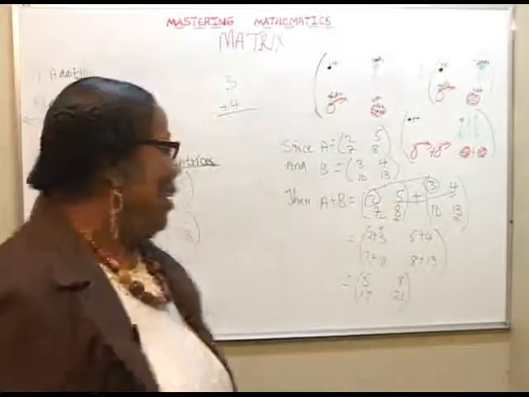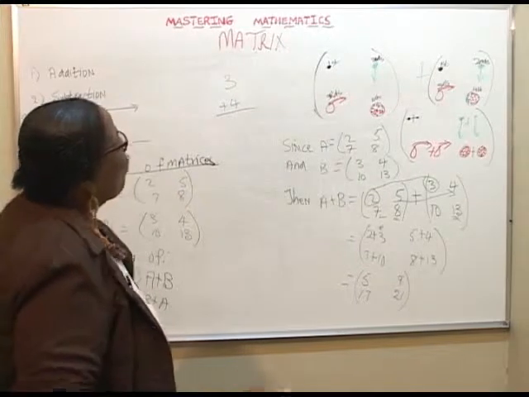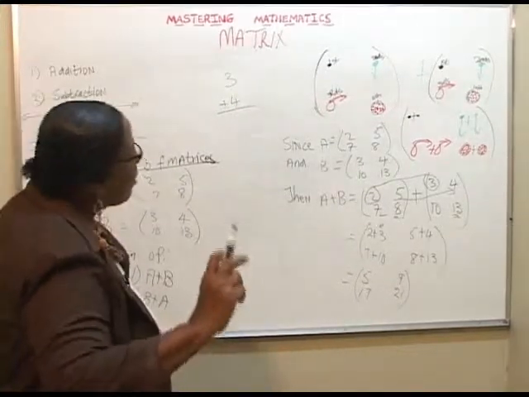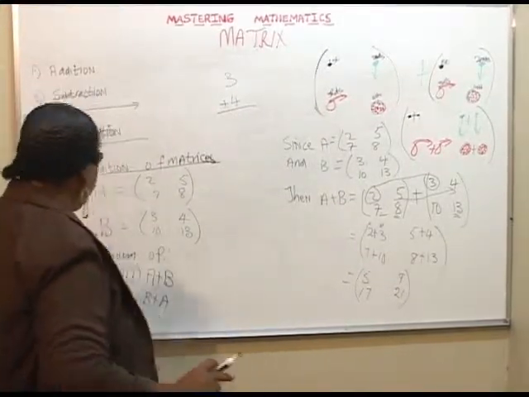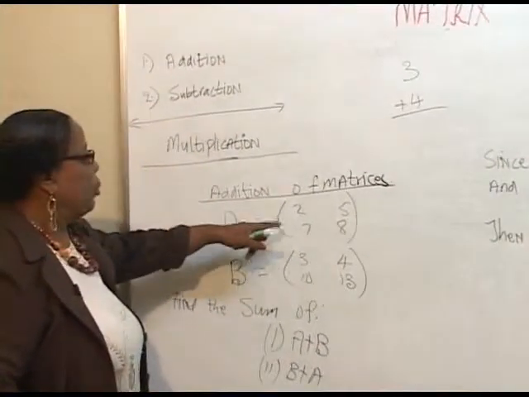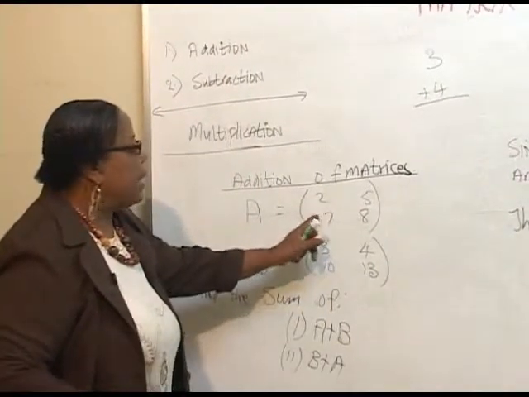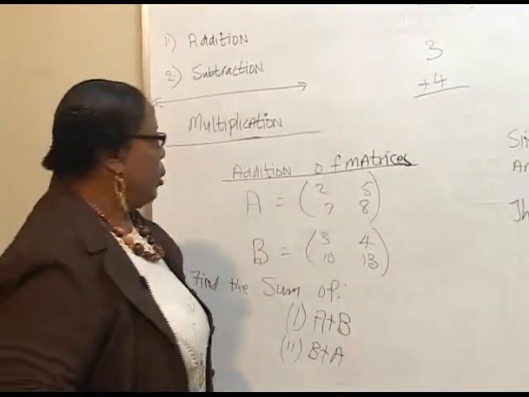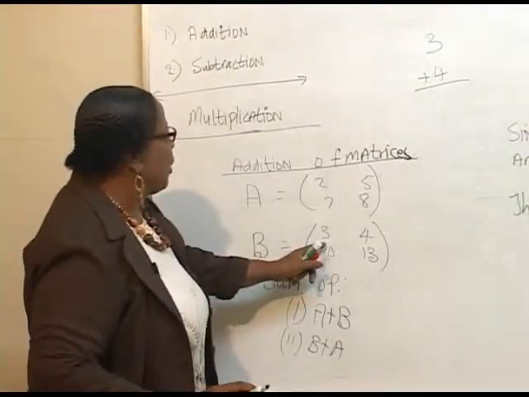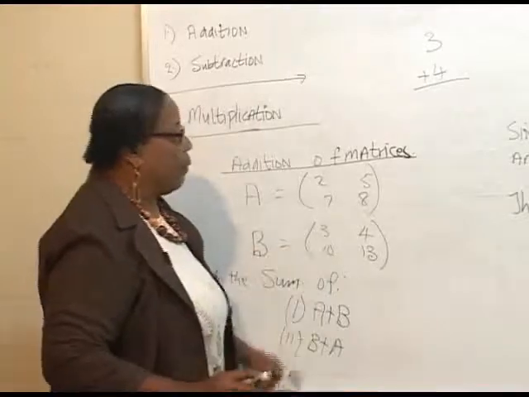All right, so let us just repeat again, because my granny says that she needs to go a bit slower so we can understand. We're given the rule for addition. A is equal to 2, 5 in the first row, 7, 8 in the second row. We pair it with the members in the first row, 3, 4, and second row, 10, 13.